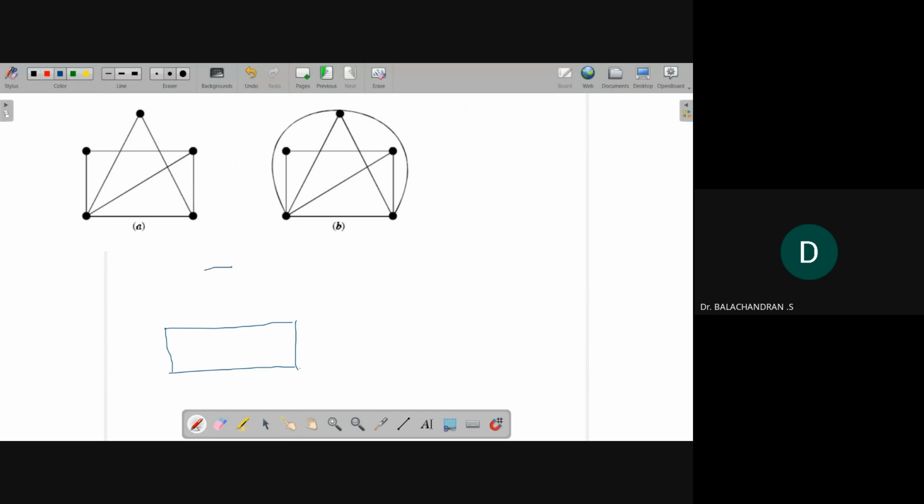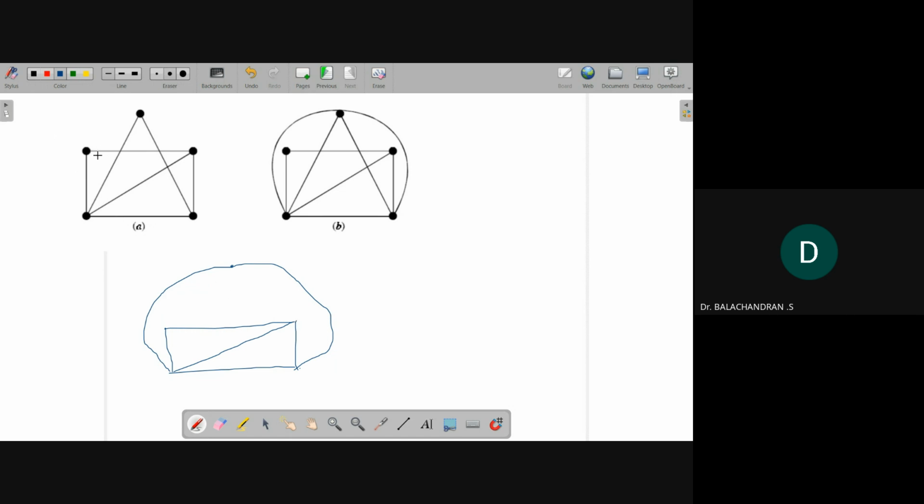So I'll draw like this. Similarly, if I'm going to join these two points here like this, and this edge. I think I have drawn it.